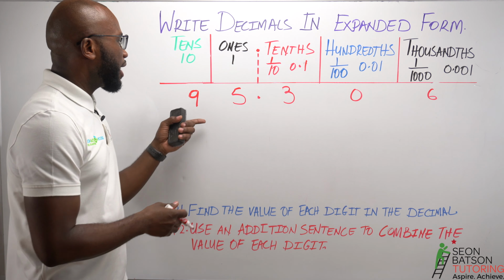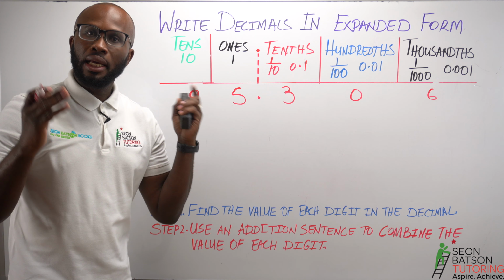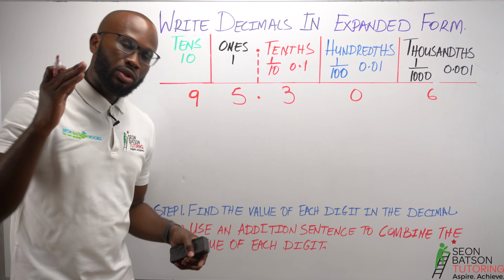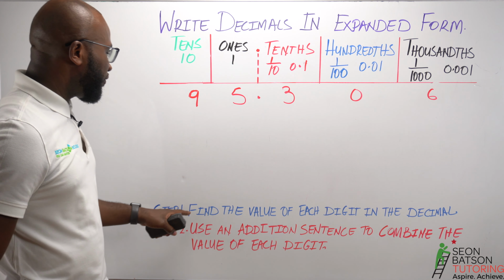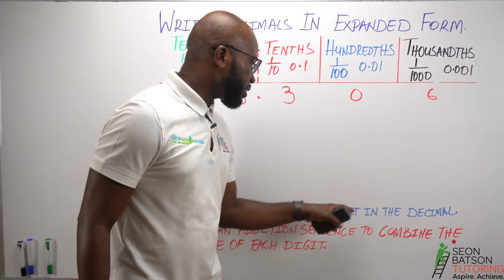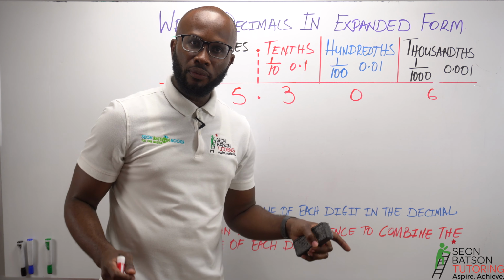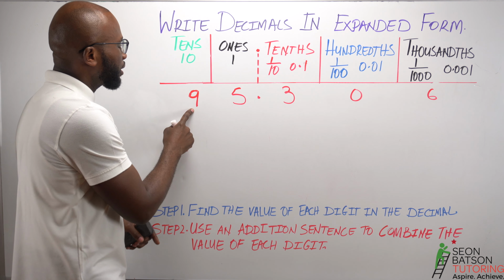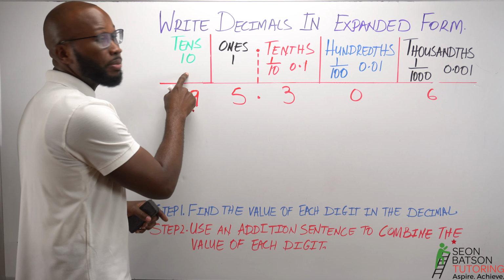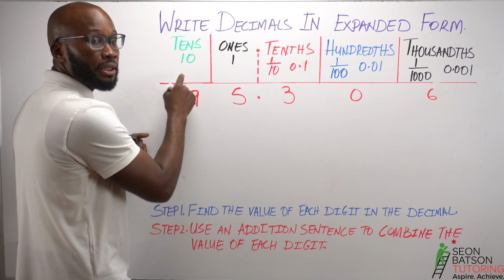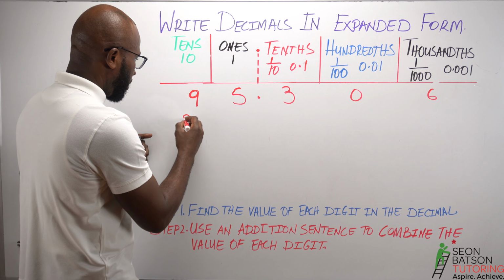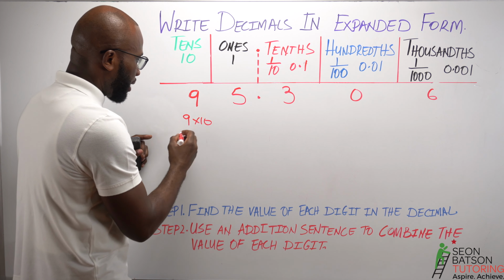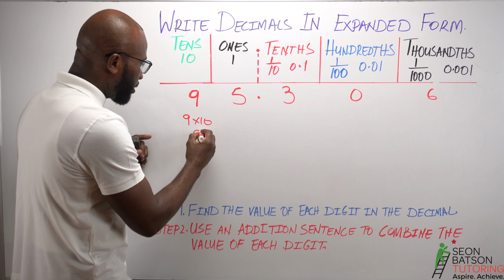And we would like to write our decimal in expanded form. So again, step 1, we have to find the value of each digit in the decimal. Let's get to it. To find the value of the 9, since the 9 is in the tens place, we multiply 9 by 10. So we do 9 times 10, and that will give us 90.